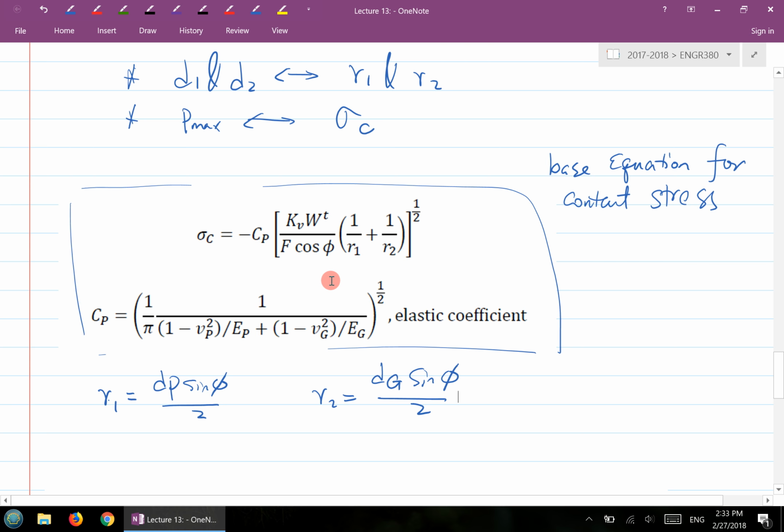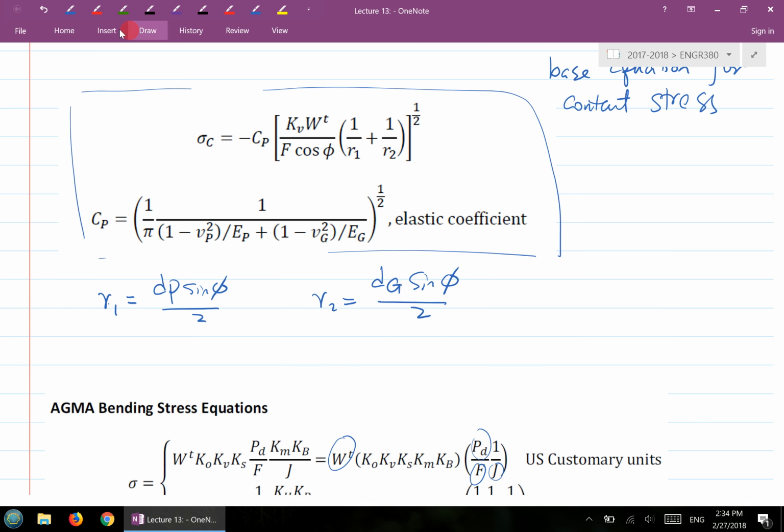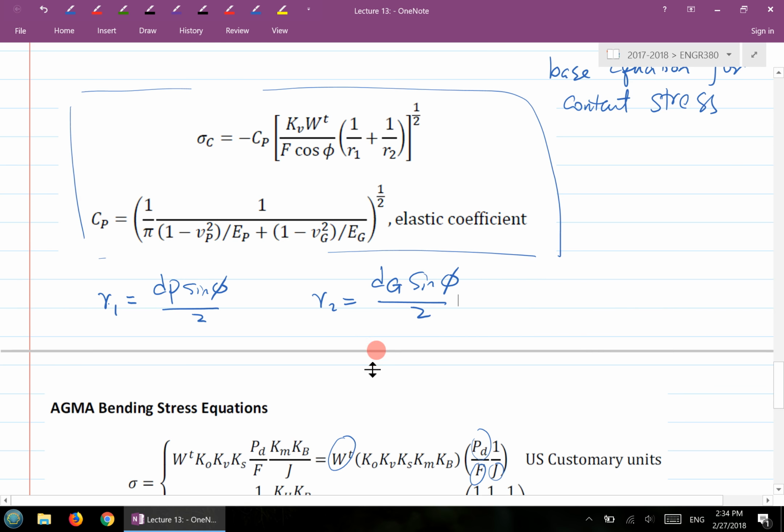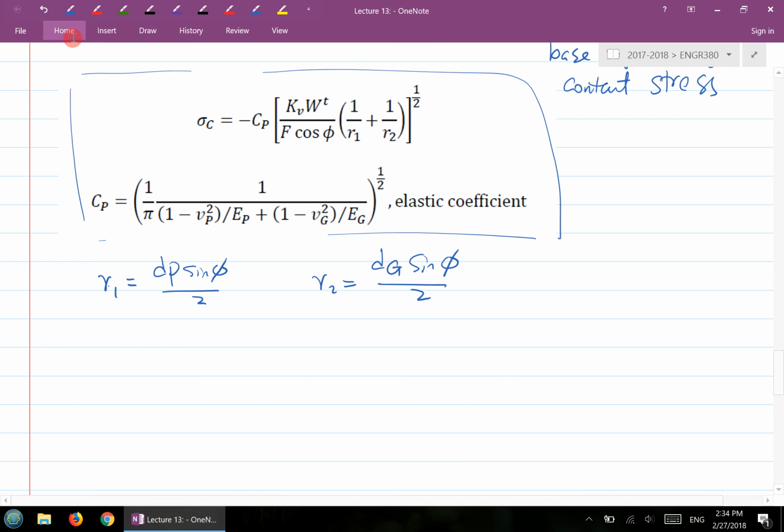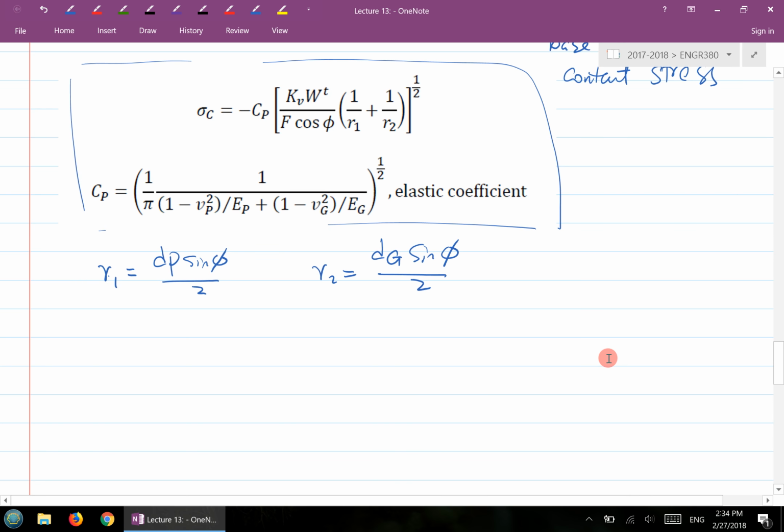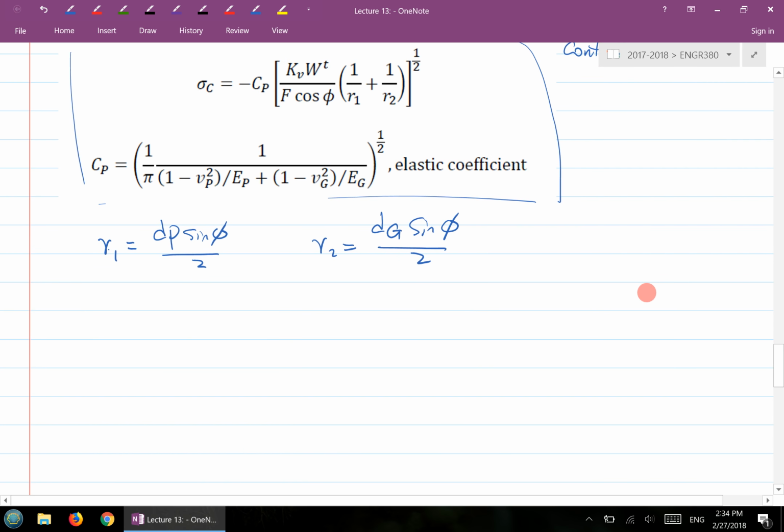I'll jump ahead a little bit here and derive a little bit. From this equation, we can make a little modification.